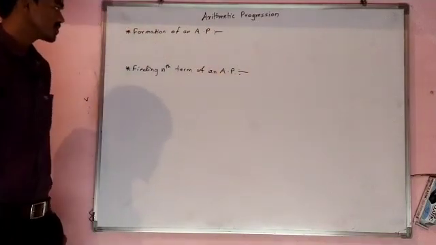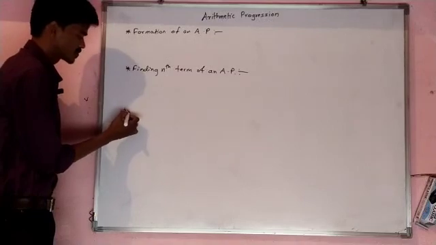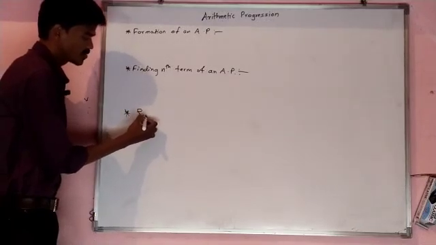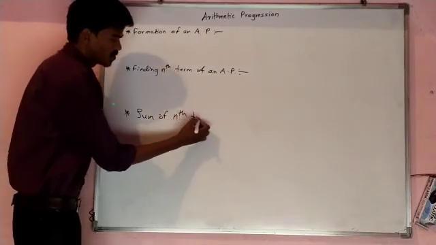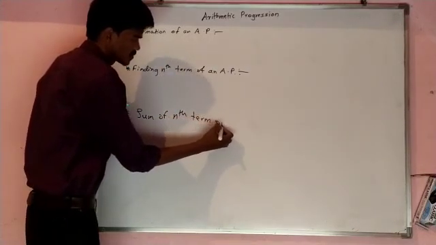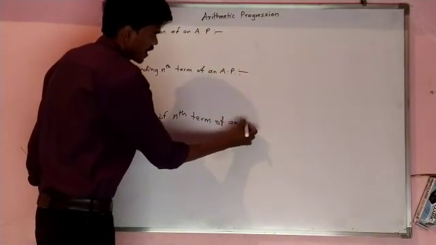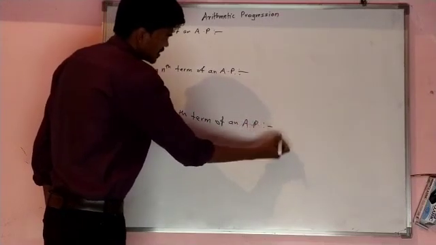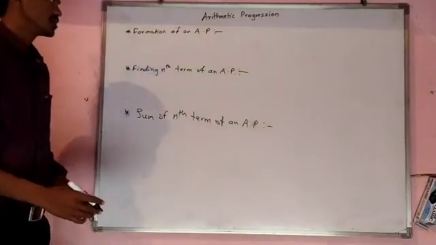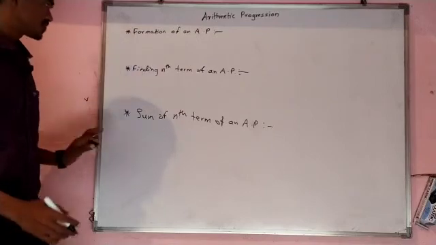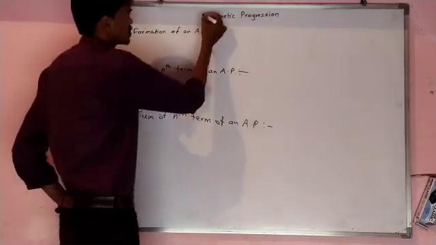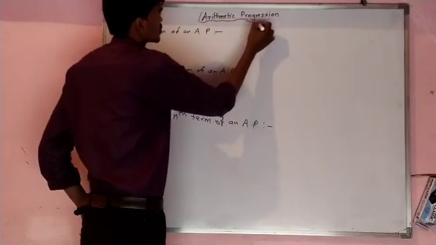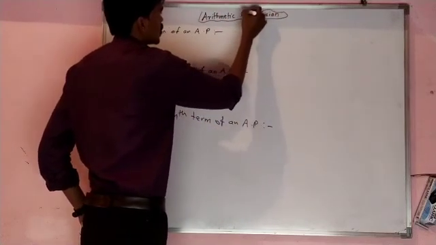The last one is the sum of n terms of an arithmetic progression. Okay, these are our three main concepts in chapter number 1, arithmetic progression from NCERT for 10th class.